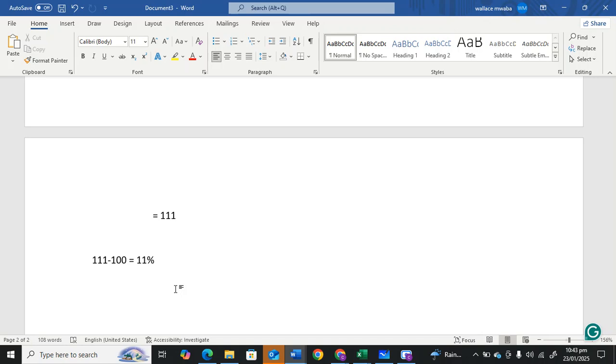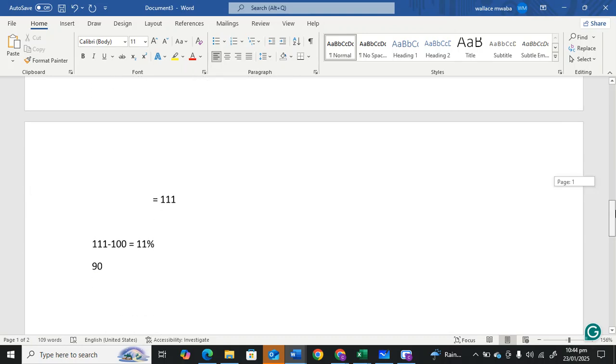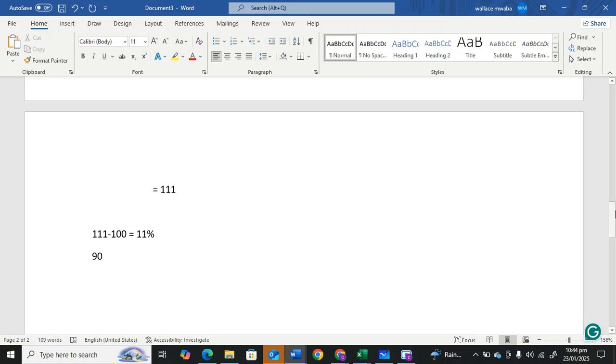What if the GDP deflator was 90? What would be our inflation rate if this GDP deflator for 2007 was 90?